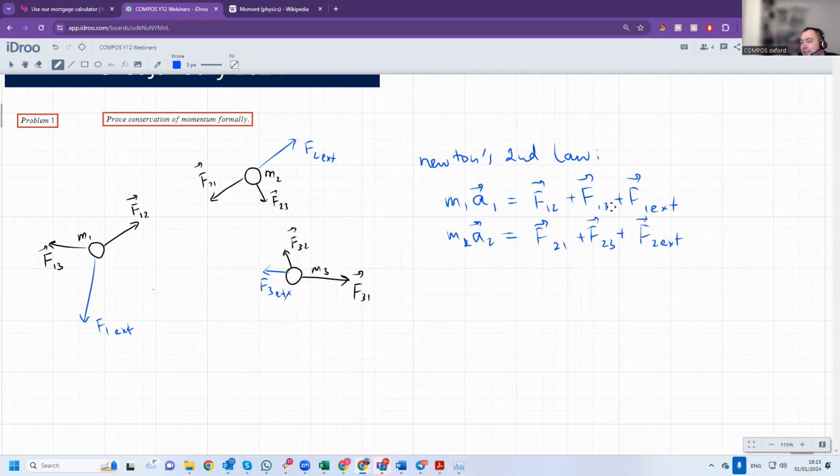Does everyone understand what I'm doing so far? Do you understand how I'm using Newton's second law? Mass times acceleration equals the total force, the sum of forces. So for the first object, mass times acceleration is the sum of the forces acting on the first object. The mass times acceleration for the second object is the sum of forces acting on the second object. Does anyone understand?